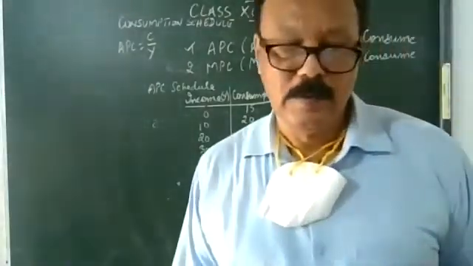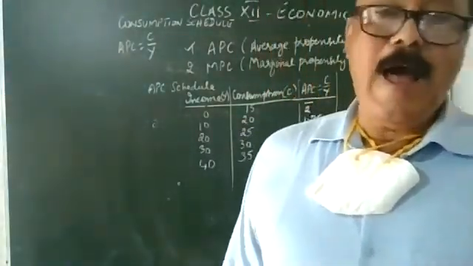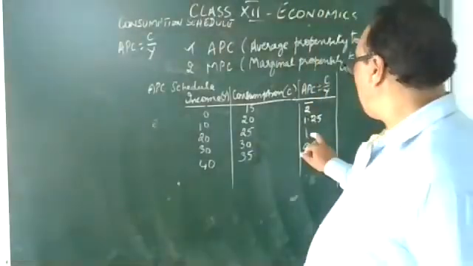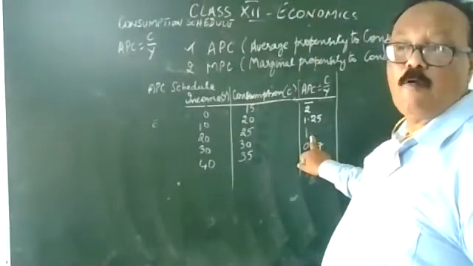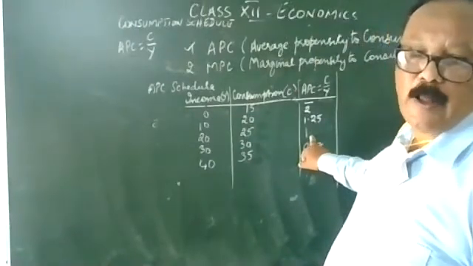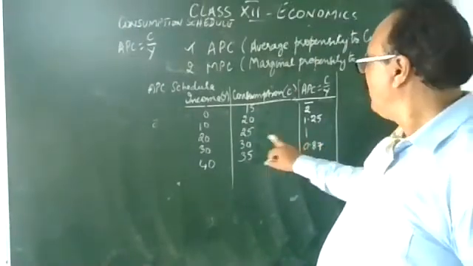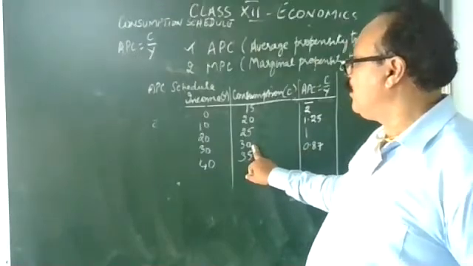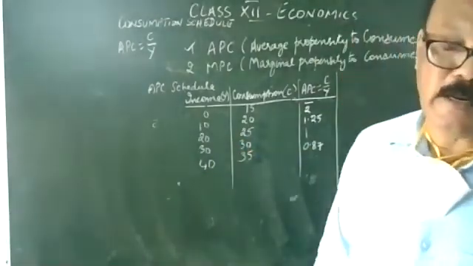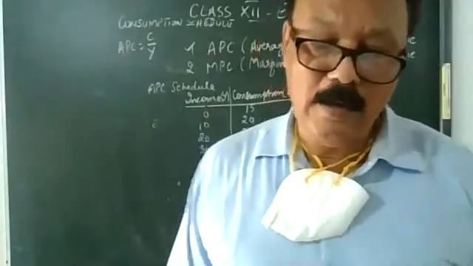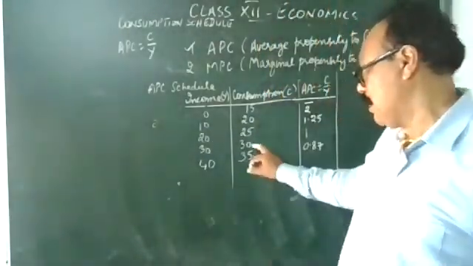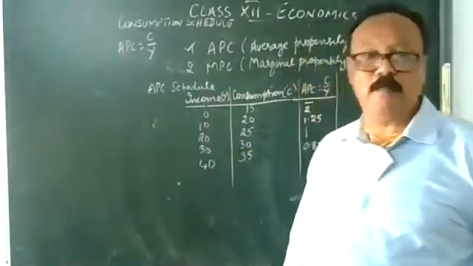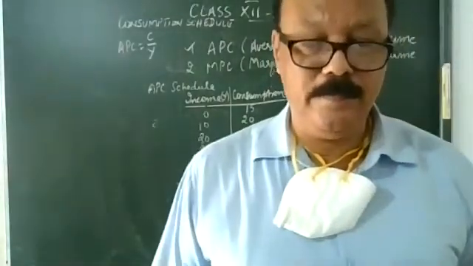Next, the value of APC is equal to 1 when consumption expenditure and national income are equal.